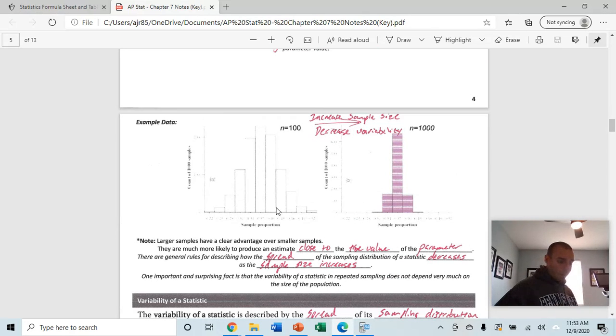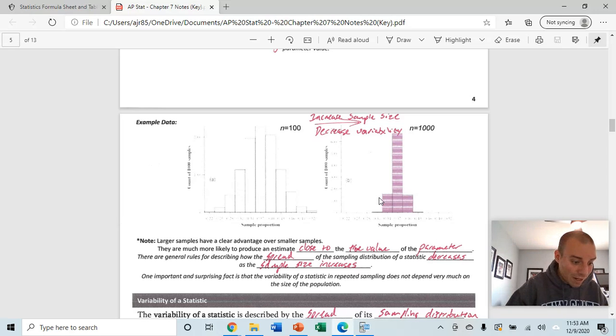Here you've got two examples taken in the exact same way. In one, we're taking a sample of size 100, and in the other, we're taking a sample of size 1000. I know the graphs didn't show up that well on this particular copy, but if you look closely, in this one my samples vary anywhere from 0.22 to 0.52, so there's a range of 0.3.